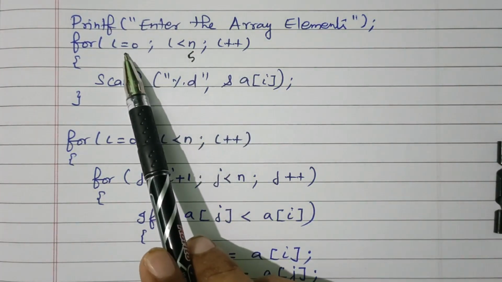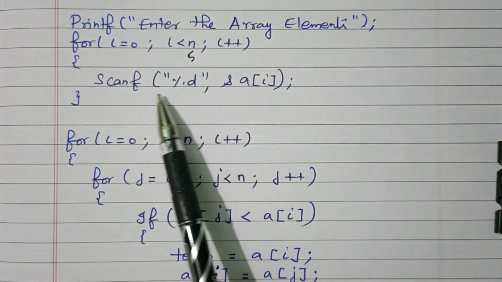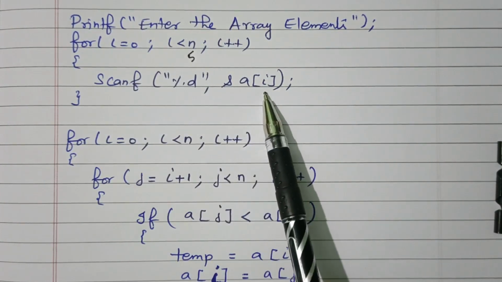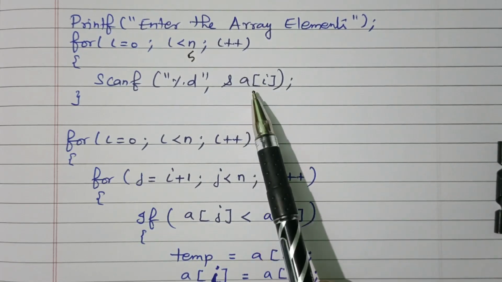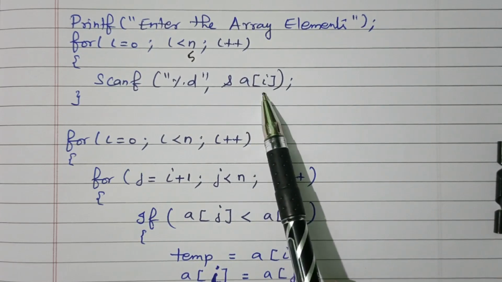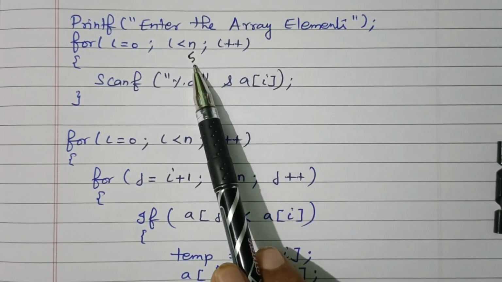So initially i equal to 0, this condition is correct. So it will scan the first number and store it in the variable a[0]. The first number is stored in a[0]. Then i plus plus, so i becomes 1, a[1], a[2], a[3], a[4]. For a[5], the condition is false, right?